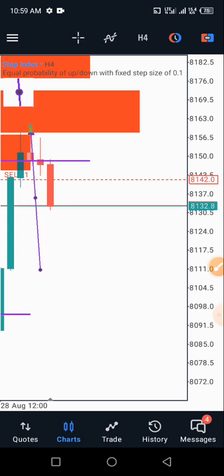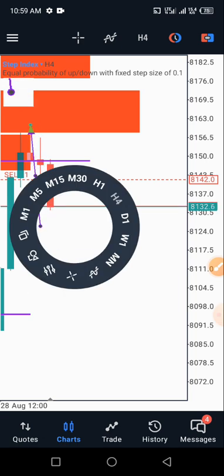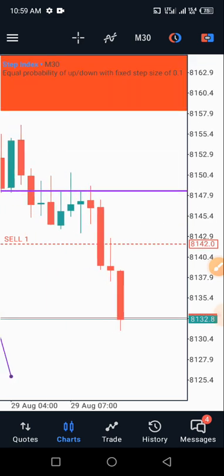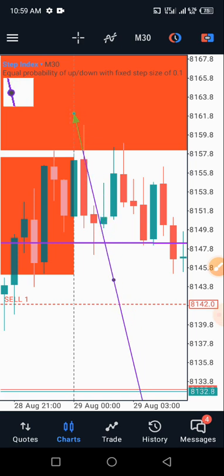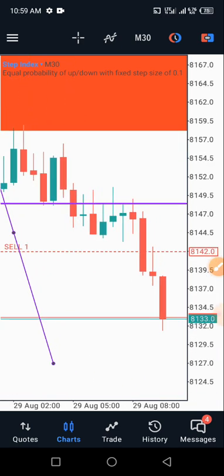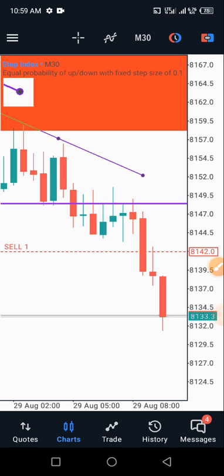And so if we go to a lower time frame, like maybe the 15 minutes time frame, we can see that the market failed to take out this particular high here, and the market kept on selling. So somewhere around here we can notice that a break of support took place.